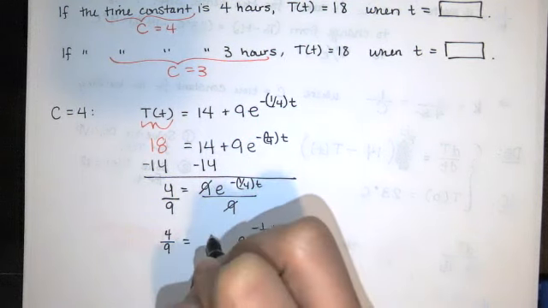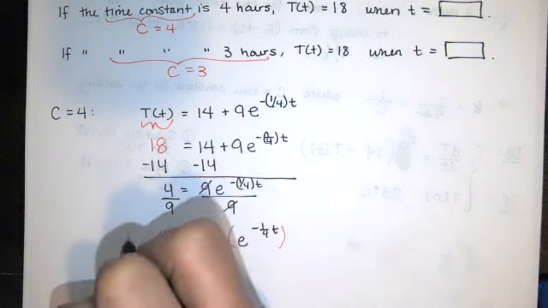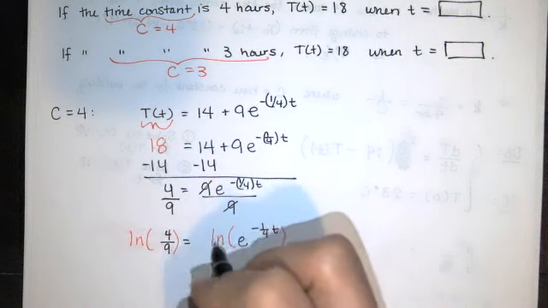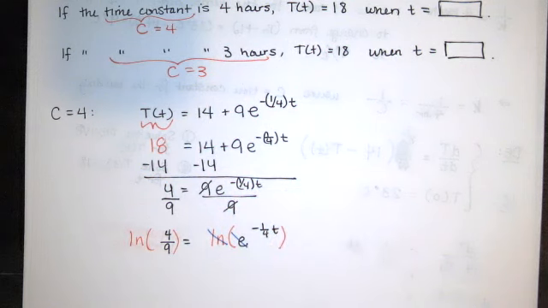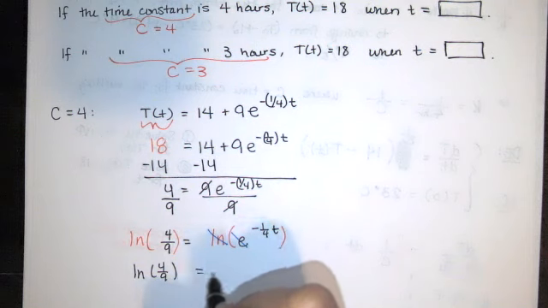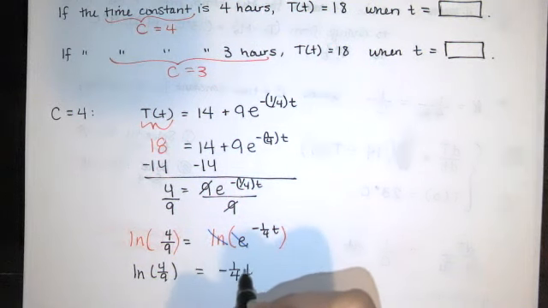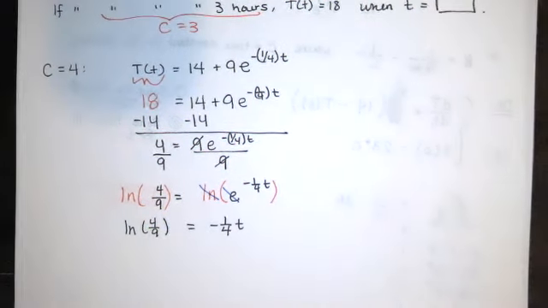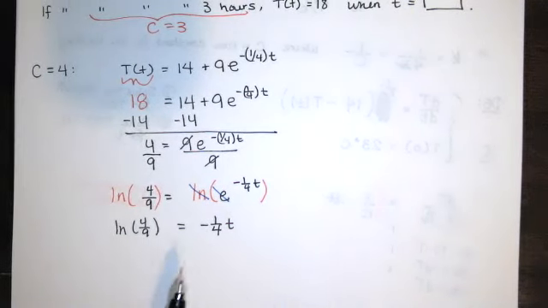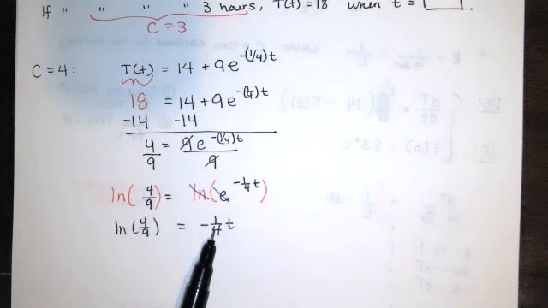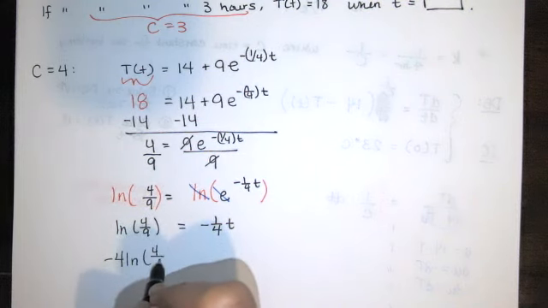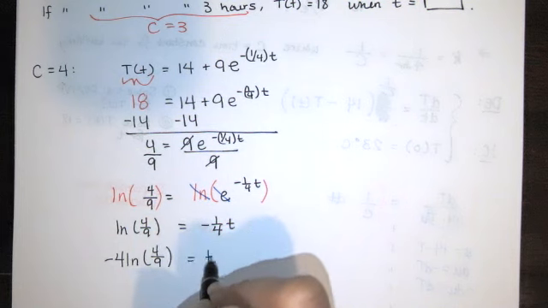To get rid of the exponential, we take the logarithm of both sides. Those guys undo each other. And we have this. Then we'll multiply both sides by -4 in order to get t by itself.